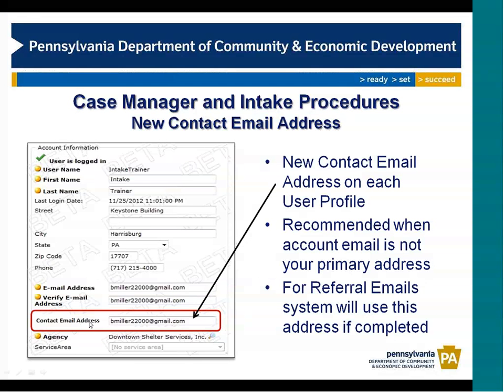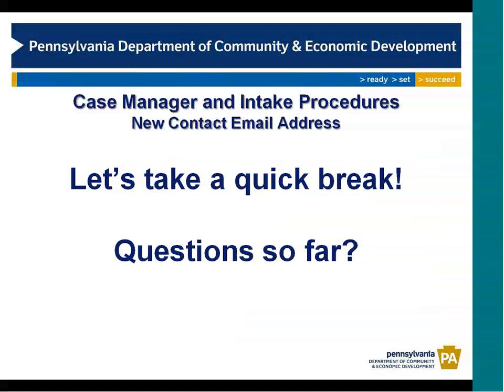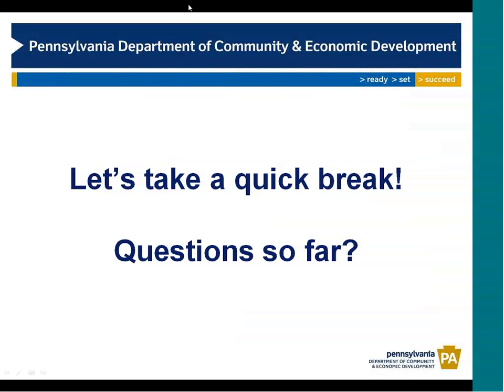If it's filled out, we're going to assume that's your primary, and use that one. However, if it's left blank, then we're going to go back to the old system and use your current account information. So we hope that helps with bouncing emails and everybody getting the information that they need. Okay, that is going to be our second break.